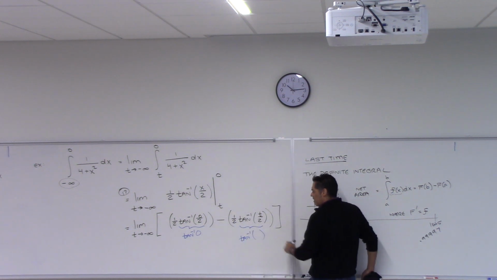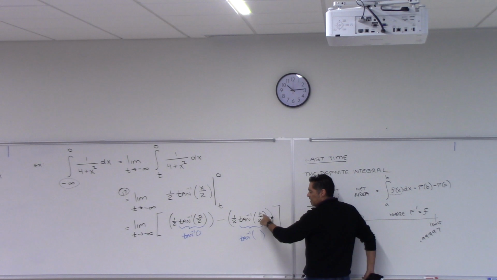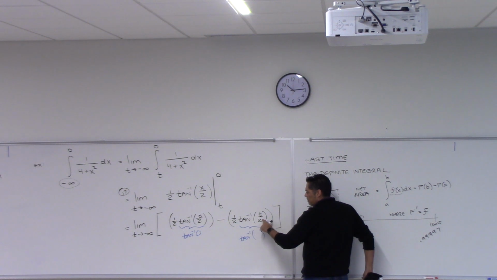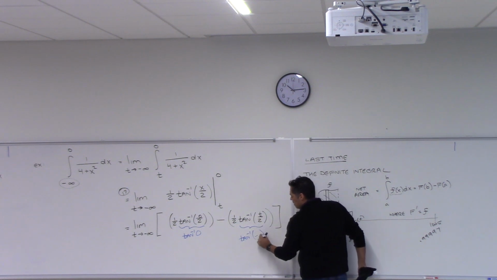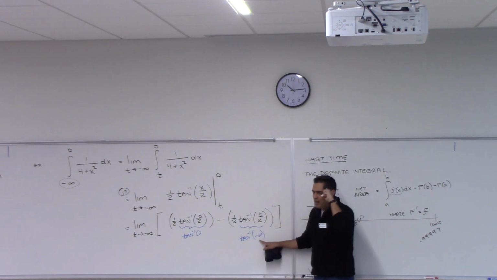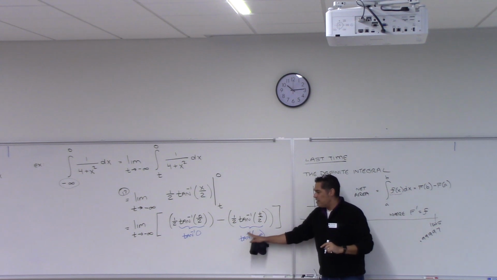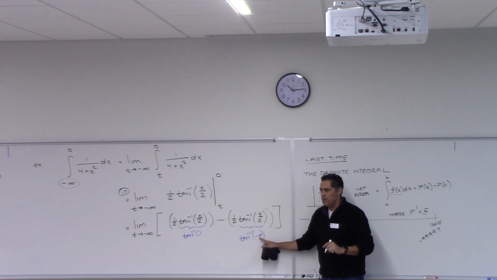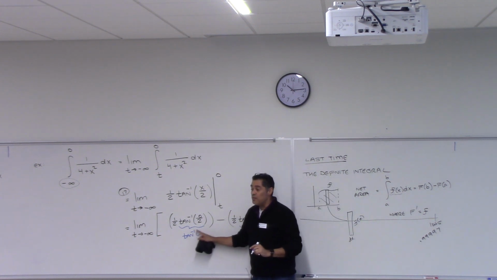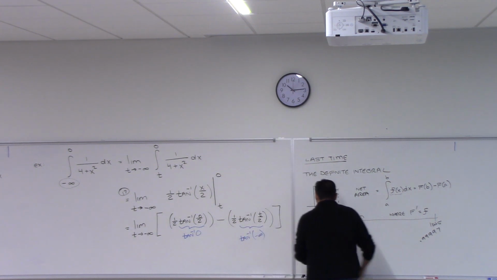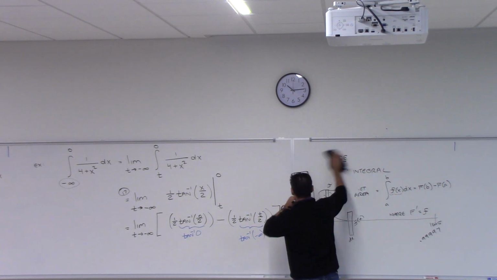This is weird, right? We're going to take a limit. Where's that going? Negative infinity. What's negative infinity divided by 2? Still negative infinity. This is not a number, it's just an idea. What's the inverse tangent function doing as I go to negative infinity? That's what we need to figure out. And then what is inverse tangent of 0? So how do we figure that out?